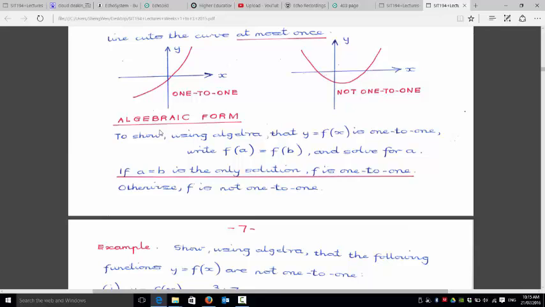So at this moment we will rely on the algebraic method.